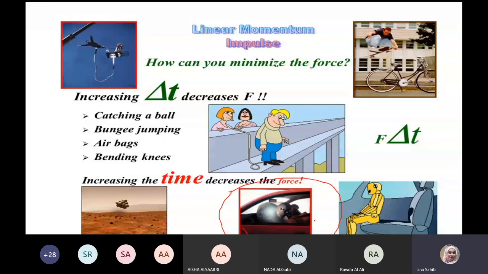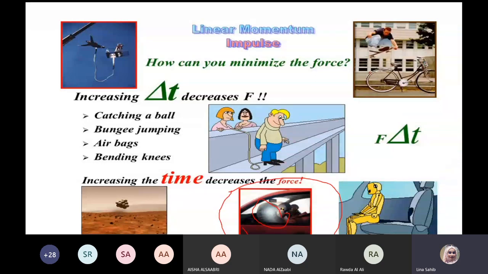So to keep this driver safe during the accident, what did the scientists or the people who made this car do? Can you see this? This is the airbag. The airbag is a design in all modern cars. When an accident happens, this balloon will open immediately. Why?